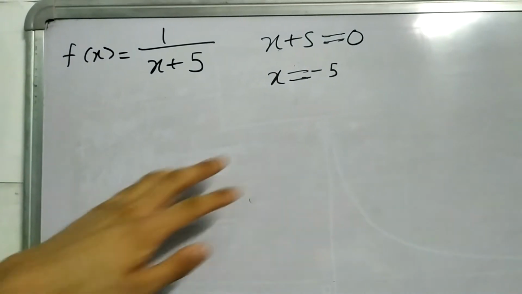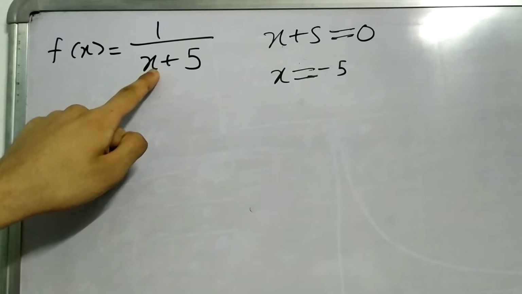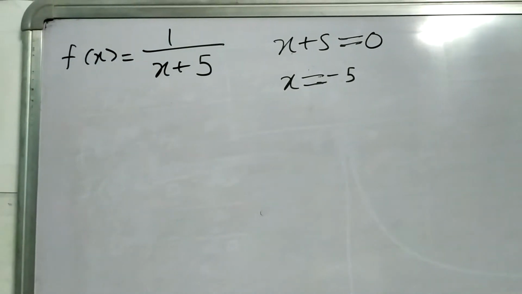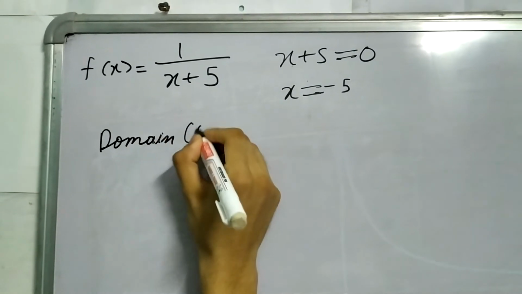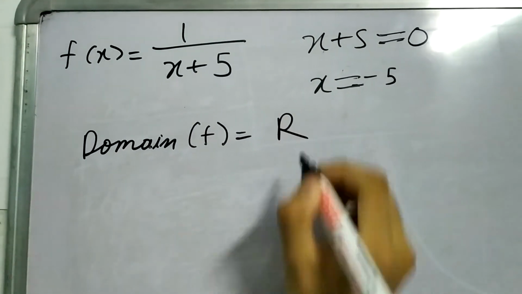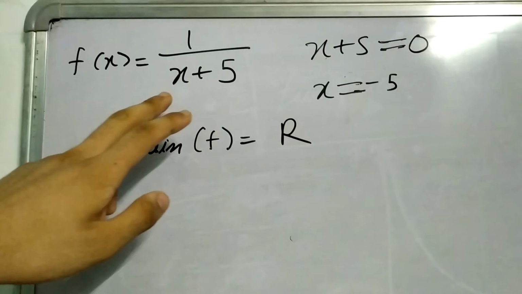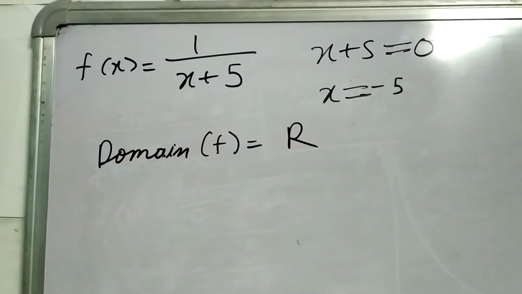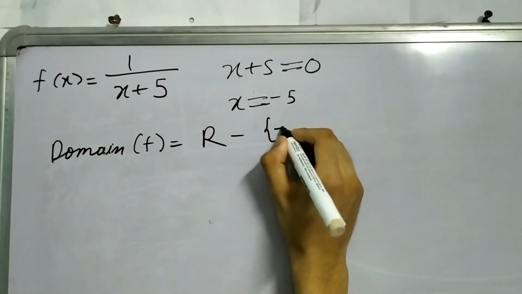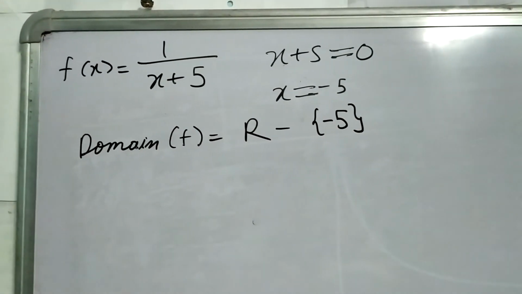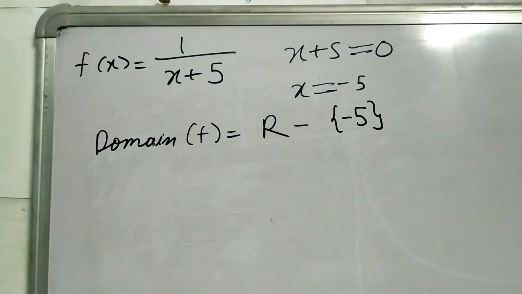Now you can remember, we should not put x equal to minus 5 in this expression. So you can write domain of f is equal to all real numbers. You can put any real number like 100, 1000, 1, 2, 3, 4, but not minus 5. So subtract 5 from this set.